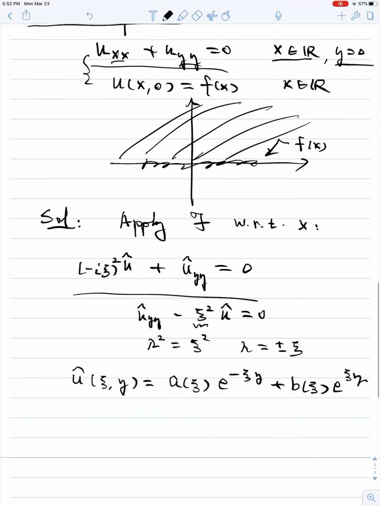Actually, in this problem I did not mention it, but we should also have assumed that u(x,y) is bounded on this region.